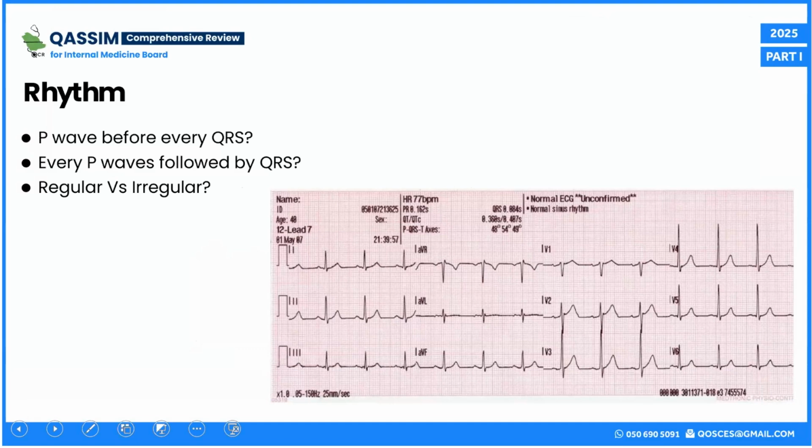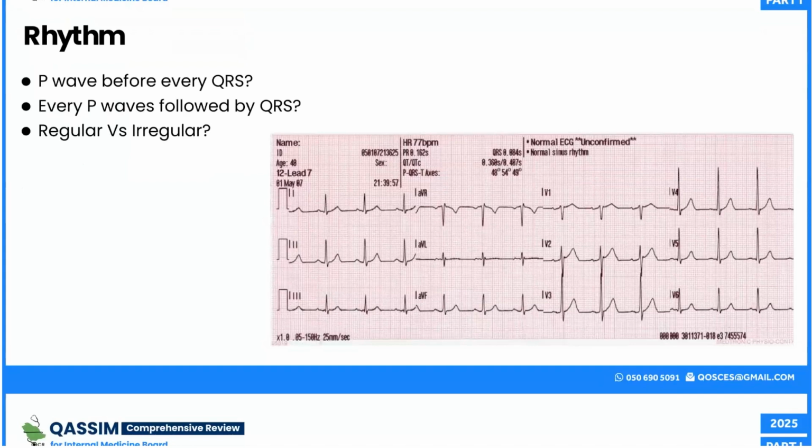So compare it to the next beat. Is there a P wave present, or are we still missing that P wave? Those P waves indicate whether it is a sinus rhythm or not. It tells us that this rhythm is originating from the SA node. So if there is no P wave before a QRS complex, this indicates that this is a non-sinus rhythm.